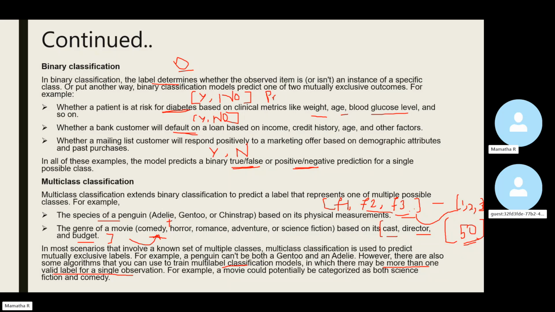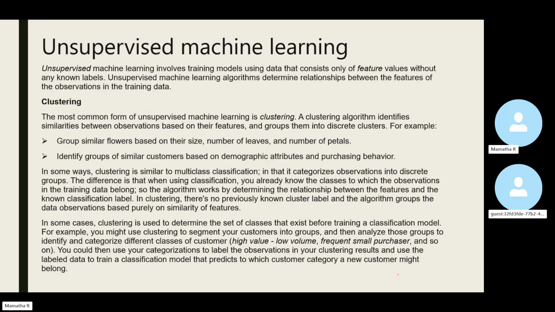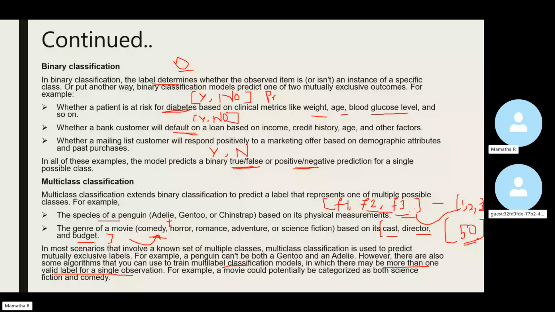When you give a single set of features, you may get more than one predicted outcome. For example, a movie could potentially be categorized as both science fiction and comedy. A single observation means a single feature set, a list of features, F1 and so on.